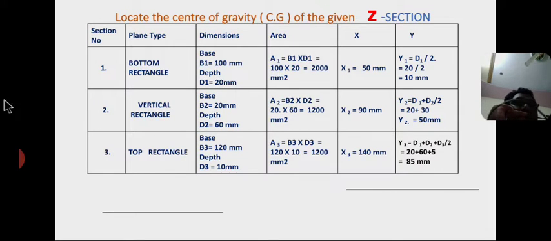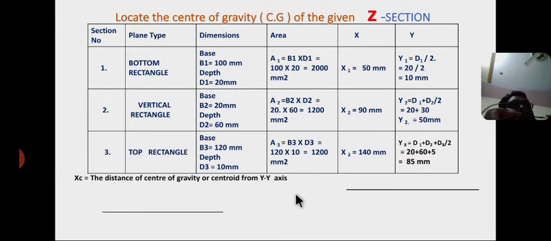These are the dimensions, these are the section numbers, these are the plane names, these are the individual dimensions and their corresponding areas. X and Y are the values of individual centroids.